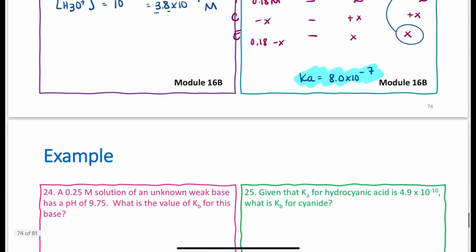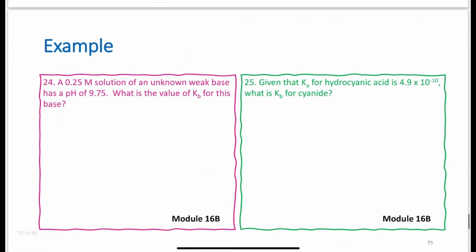Let's see, what is number 24? A 0.25 molar solution of unknown weak base has a pH of 9.75. What is the value of Kb for this base? Okay, very similar to what we just did, just slightly different things we have to think about. So a weak base, I'm just going to use the letter B for base. Weak bases go into water, and they steal protons.